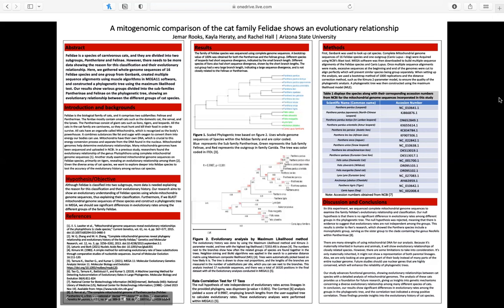And so when we interpret the phylogenetic tree, we want to look at the bootstrap values. In figure 2, we see that the bootstrap values are at the nodes of the phylogenetic tree. In our analysis, we have a 100% bootstrap value in the group of Pantherinae, showing a low amount of sequence divergence.